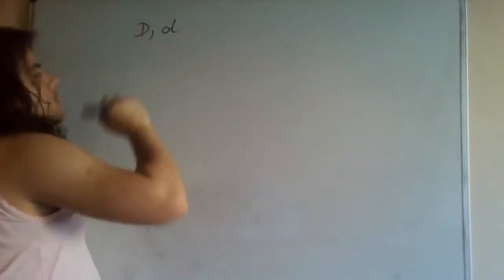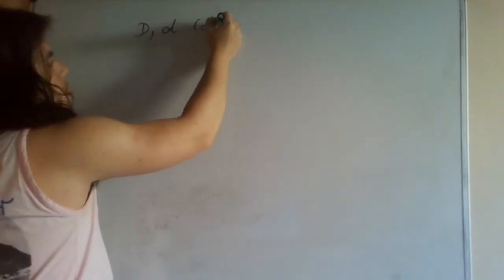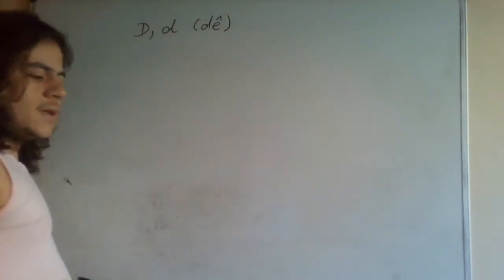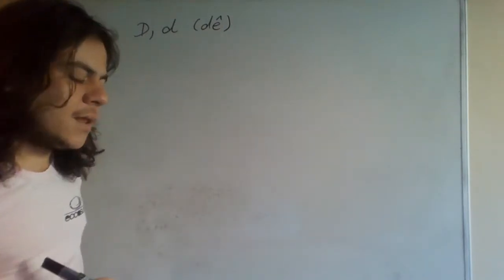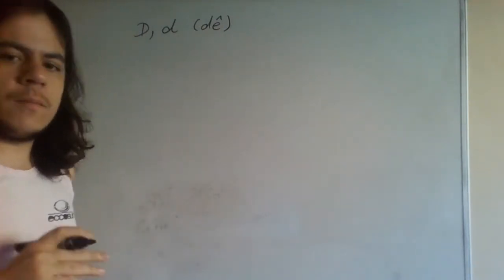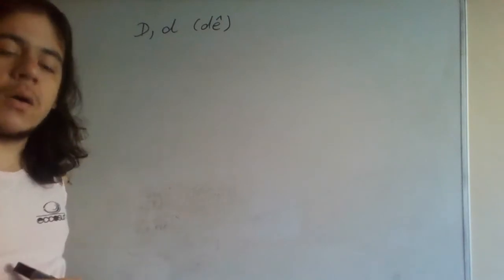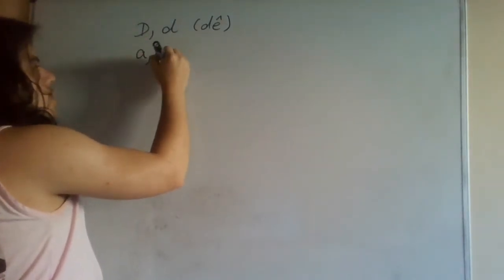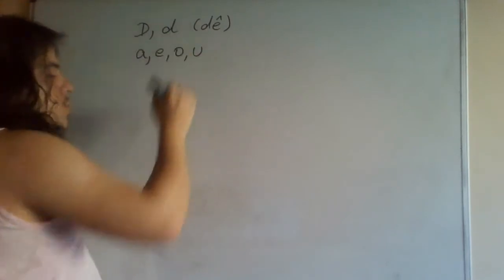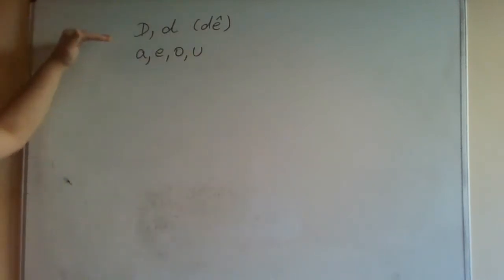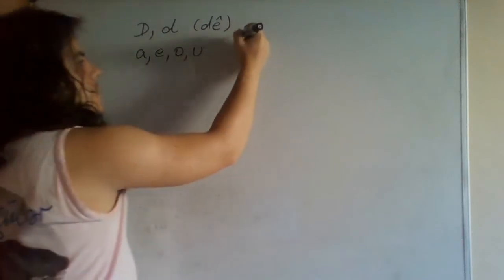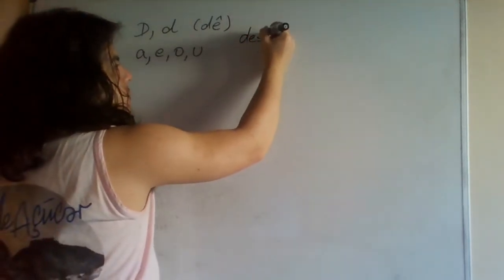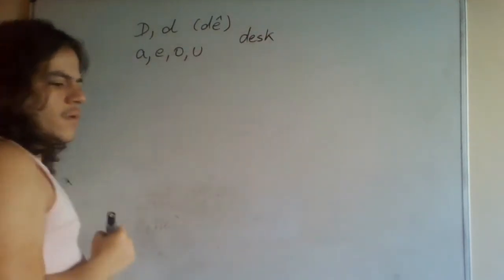Next letter, letter D. In Portuguese, we call D, letra D. Letra D can basically have two sounds. So before the vowels A, E, O, and U, the sound is similar to the letter D in desk, for example.